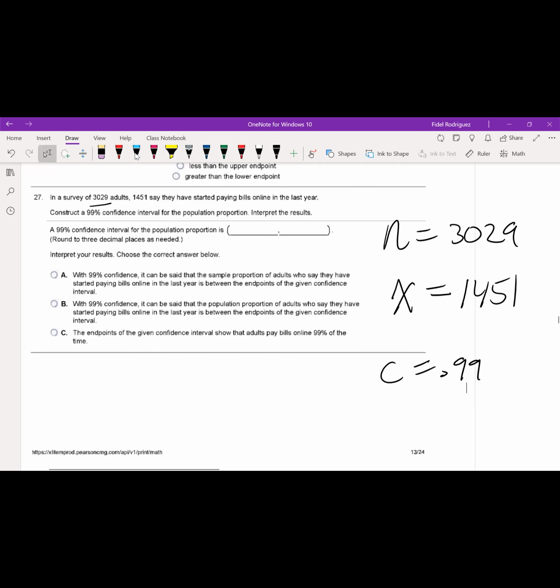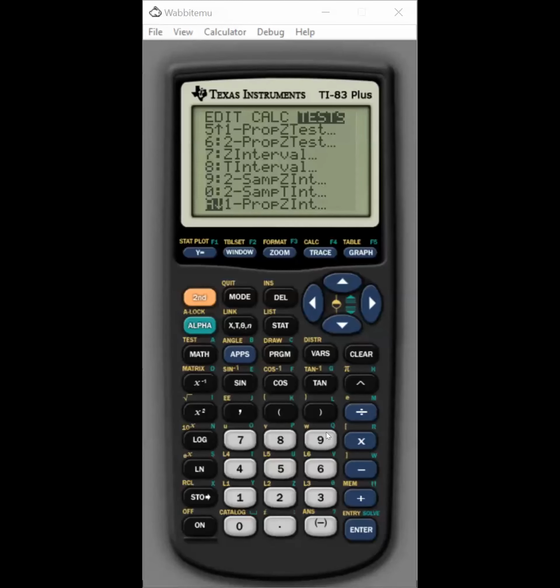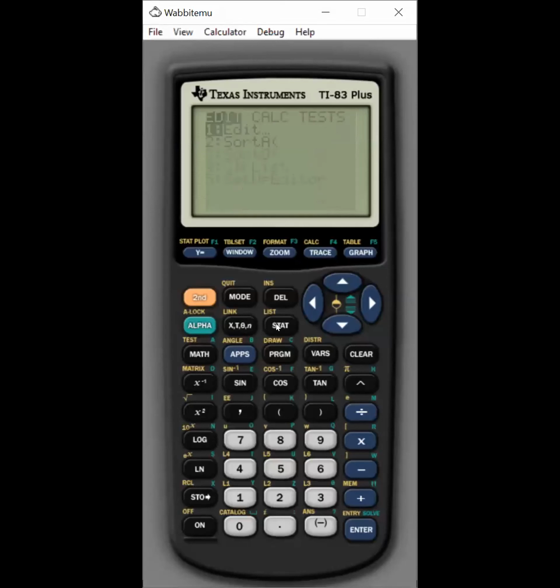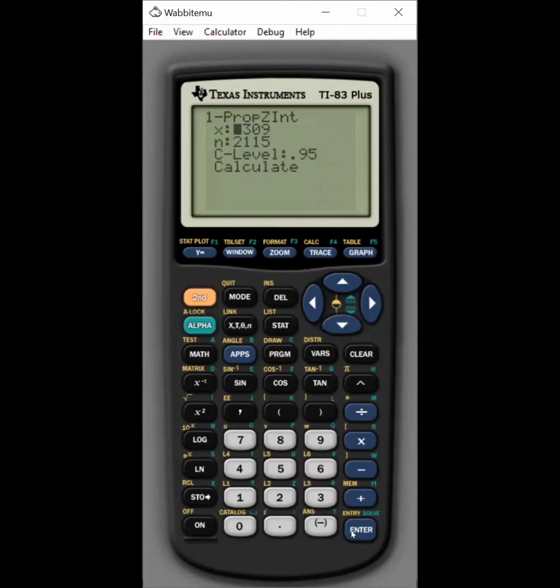And so if I show you all this on the calculator, and again, we'll go about it the same way. Here we go. Okay, so we're going to go down. Let me just clear again. Stat, test. We're going to look for that 1 proportion Z interval. Okay, so remember what we said our N was in this case. My N was the 3029.